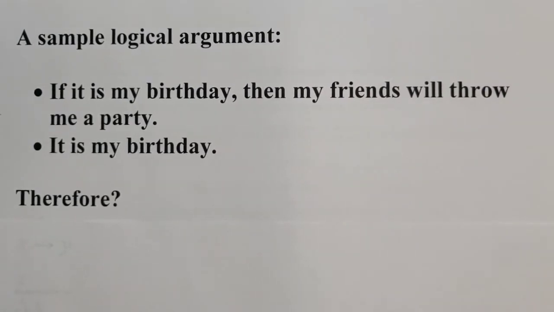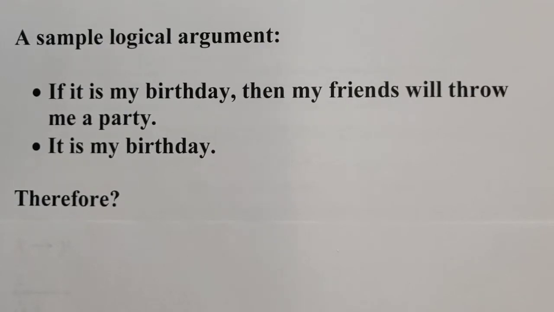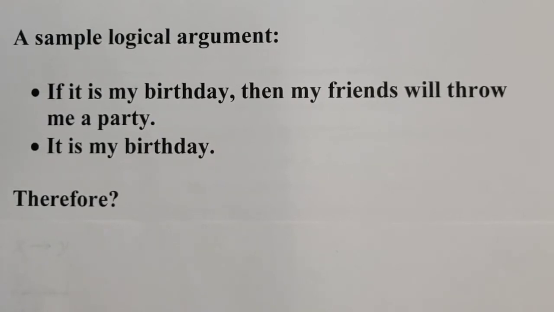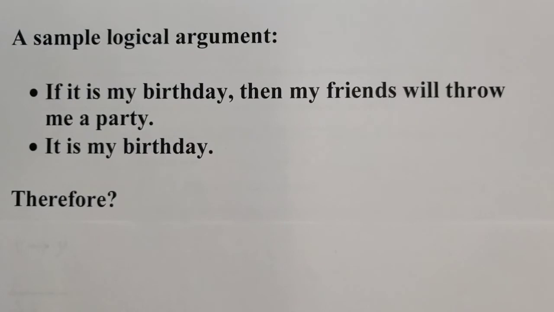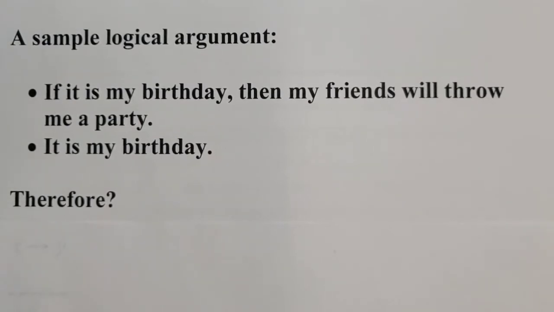So if it's my birthday, then my friends will throw me a party, and it is indeed my birthday today, the conclusion that seems to be drawn is that my friends will throw me a party. Now, why does that work? Well, we have a conditional here, and we have the first part of that conditional. We'll look more into the why behind it. But this is an example of a logical argument.